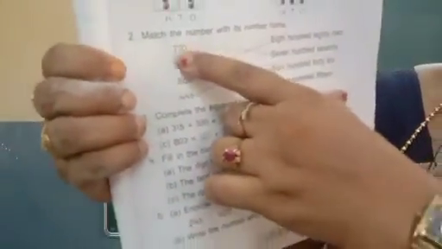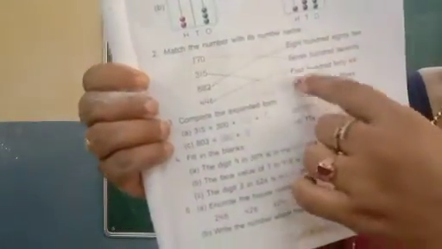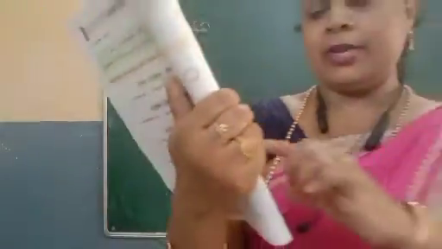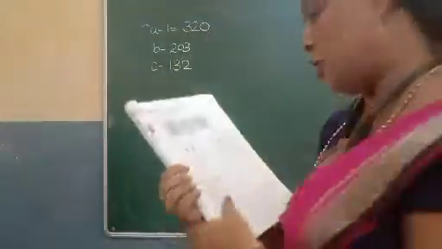Numbers name. All of you know numbers and numbers name. 770, here are given numbers and in this column here are given numbers name. You can match there.